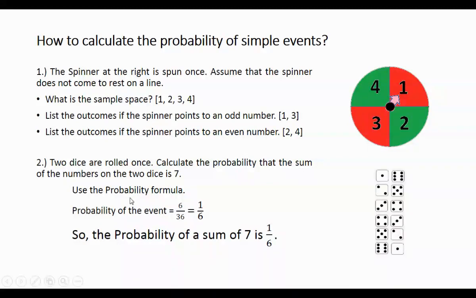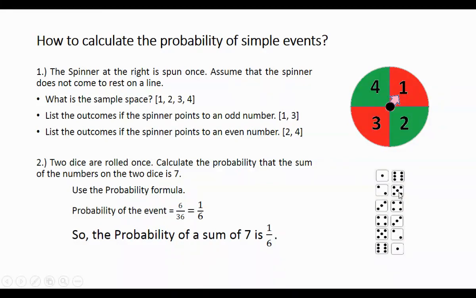Okay. So another example, we have here 2 dice rolled at once. We're going to calculate the probability that the sum of the numbers on the 2 dice is 7. If we list all the possible outcomes, we can pair 1 with 6, that is equal to 7.